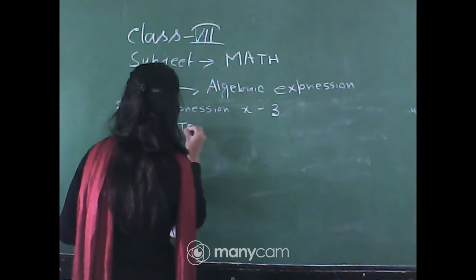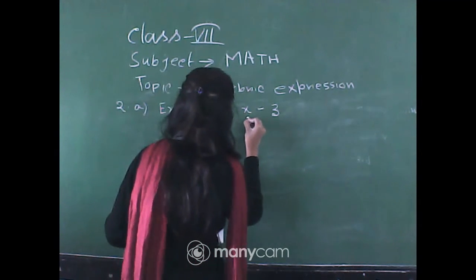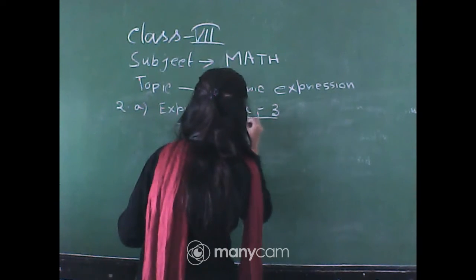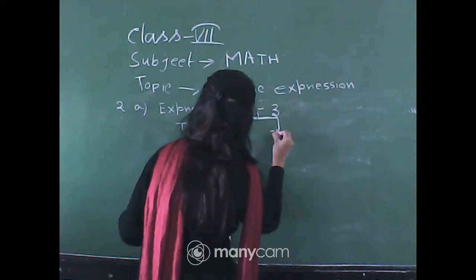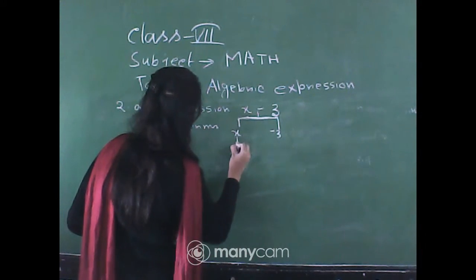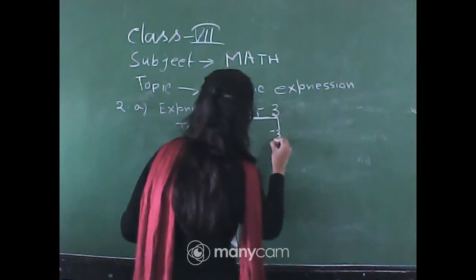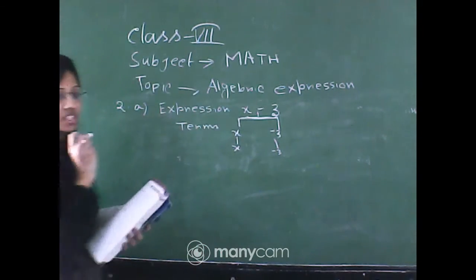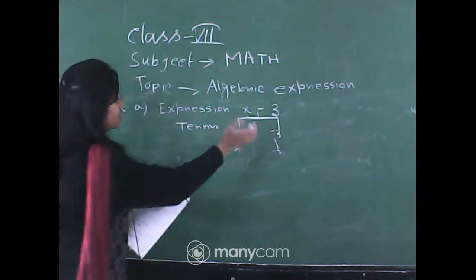Here the terms are x and minus 3, and the factor of x is x itself and of minus 3 is minus 3. Therefore, the terms of this algebraic expression are x and minus 3.